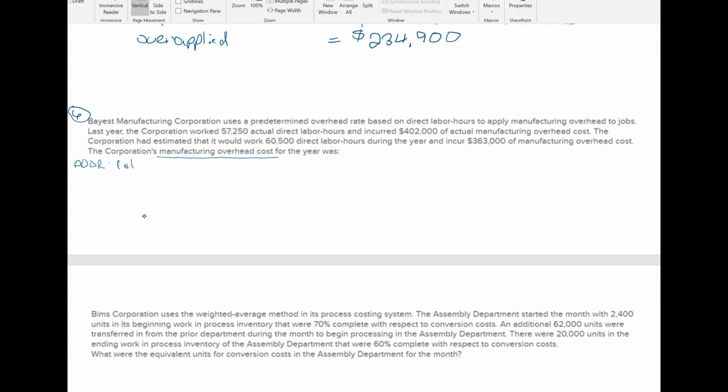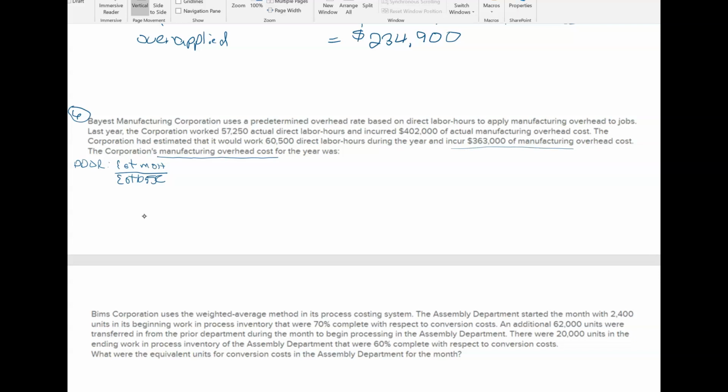And again, that is the estimated total manufacturing overhead over the estimated base.